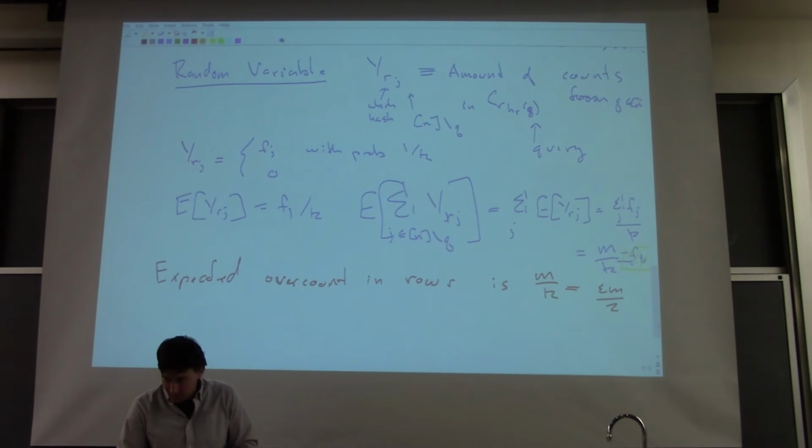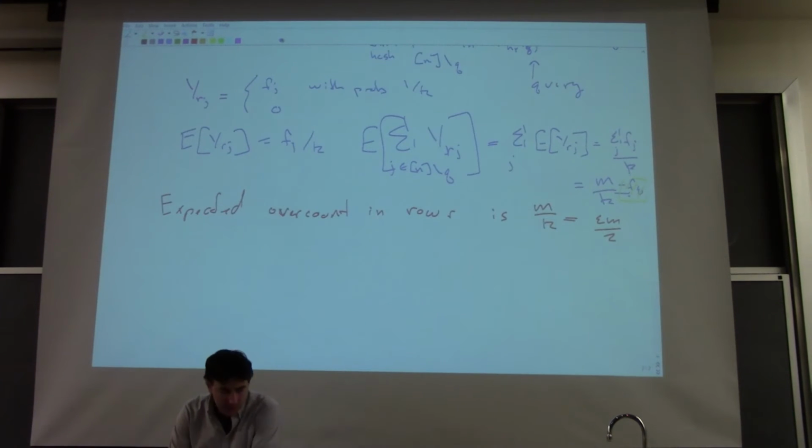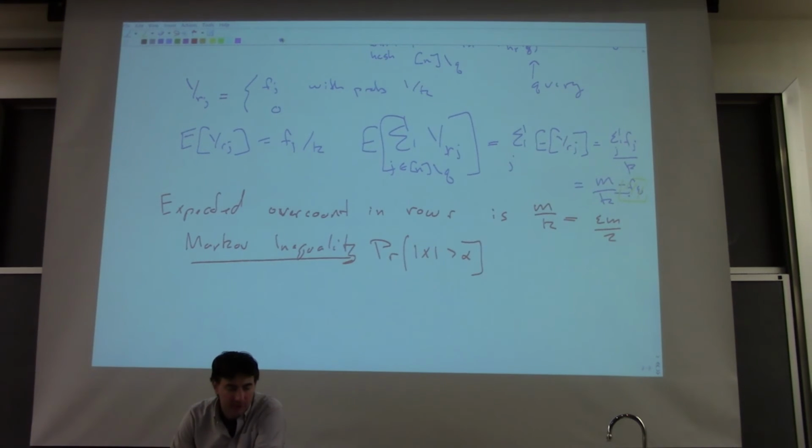There's this Markov inequality, which says that the probability that a random variable x is greater than alpha is less than the expected value of the absolute value of x over alpha.